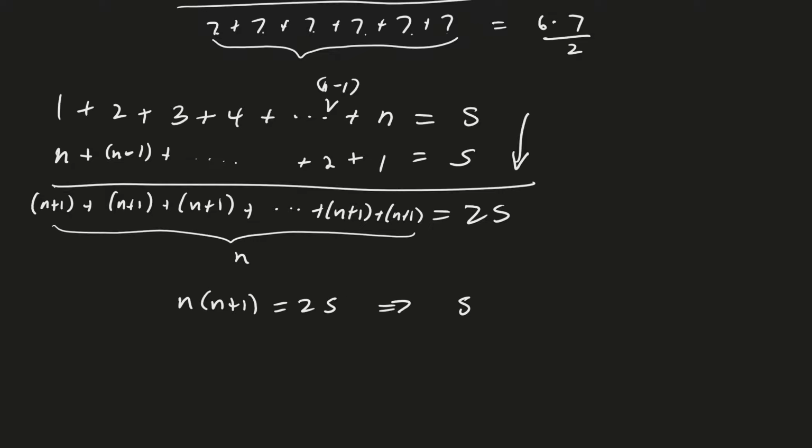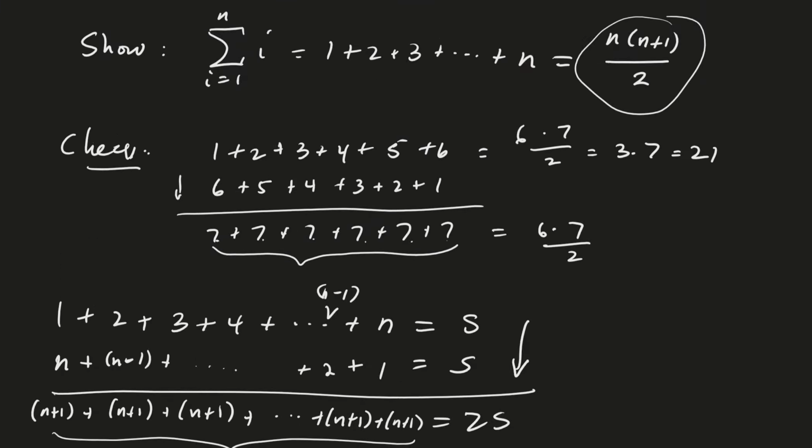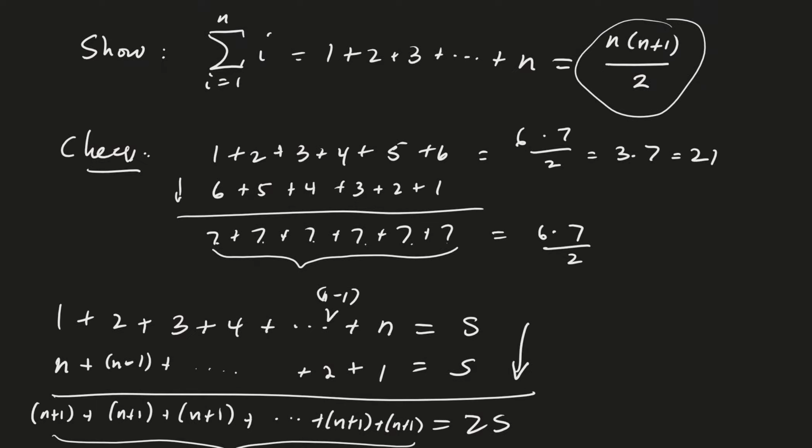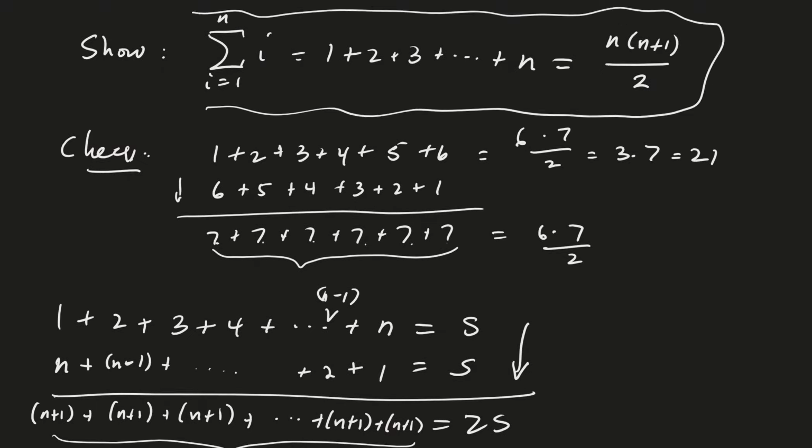And so that means that s is equal to n times n plus 1 over 2. Very good. This is a very famous formula, by the way. It's one that you really ought to know. Although since our test is going to be open book, I guess you don't have to memorize it, but know where you can find that formula. Good. All right.